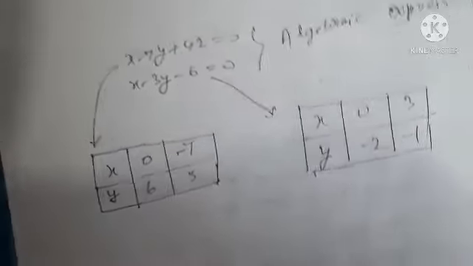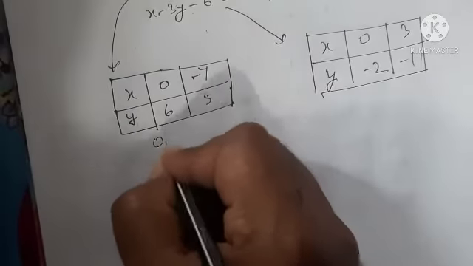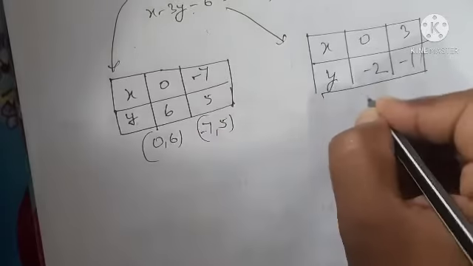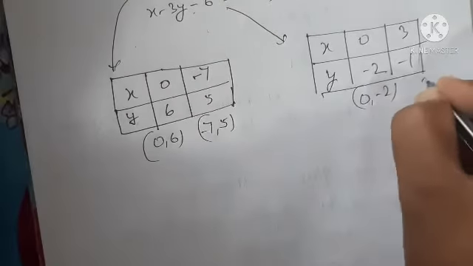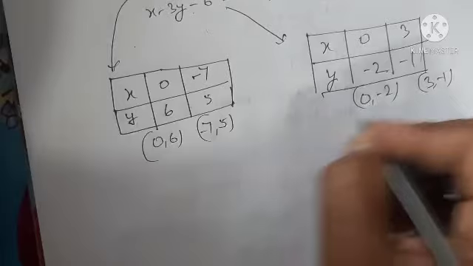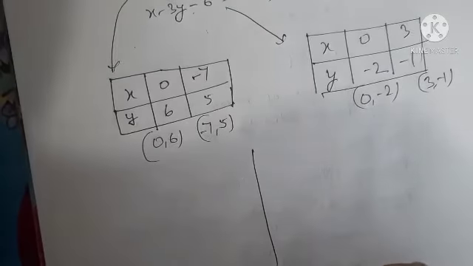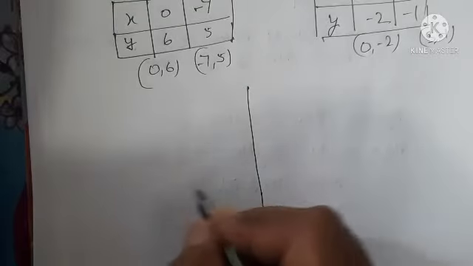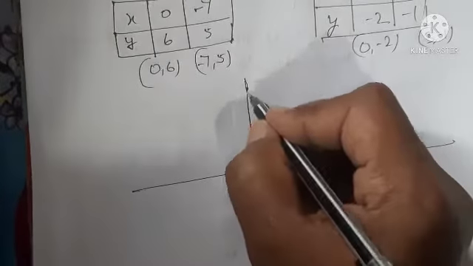Now show these points: -7, 5; 0, -2; 3, -1. Show these points on the xy plane.